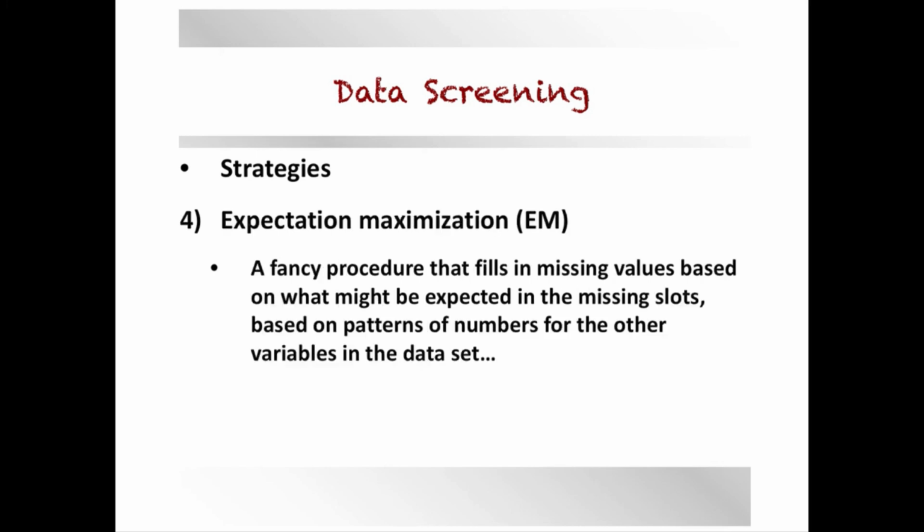Number 4 is a little bit better, and I'm not going to go into the particulars of what this algorithm is, but you are free to pursue more information about this on your own. This is a fancy procedure, as it says there, that fills in missing values based on what might be expected. What might be expected is based on the mean for that variable, but now also the mean for that person, and then maybe the standard deviation of that variable and the standard deviation of the person.